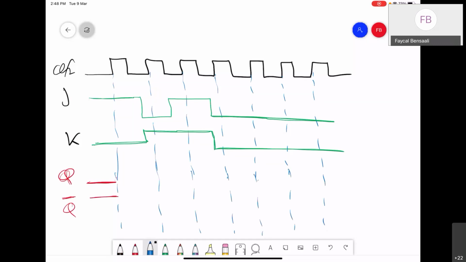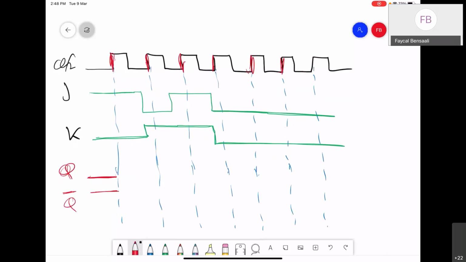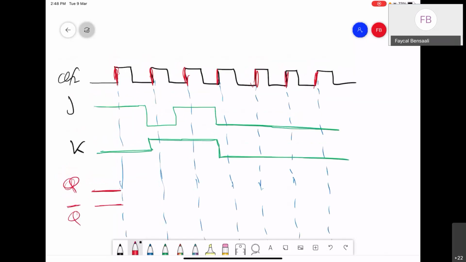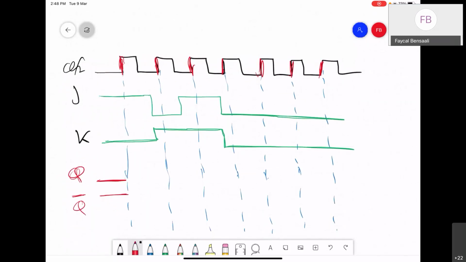Now, the flip-flop that we have is positive edge trigger. So we will work with rising edges here. Those are the rising edges. I'll just check what is J and K on those rising edges, and then we'll update the Q based on the truth table that we just showed you.